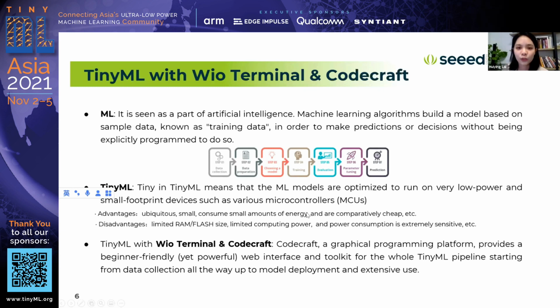As we all know, microcontrollers have a lot of advantages: ubiquitous, small, consume small amounts of energy, and cheap. And thanks to recent improvements in model optimization and the emergence of frameworks especially created for running machine learning model inference on microcontrollers, it has become possible to give more intelligence to these tiny devices.